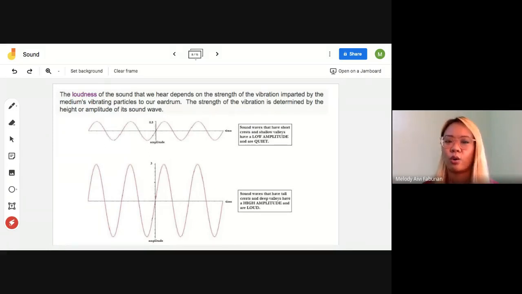Kung kayo naman ay naka-earphones or naka-headphones, medyo regulate yung amplitude of the sound that you are listening to or you are watching. Kasi syempre, higher amplitude sounds can actually cause damage to our ears. So to take care of our ears, mas okay if we regulate the amplitude of the sound that we are listening to.